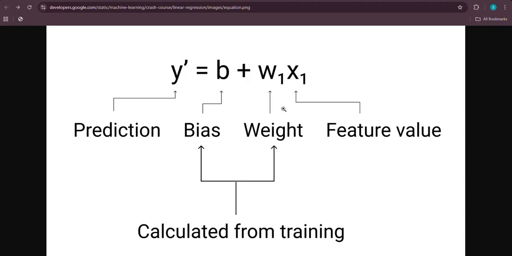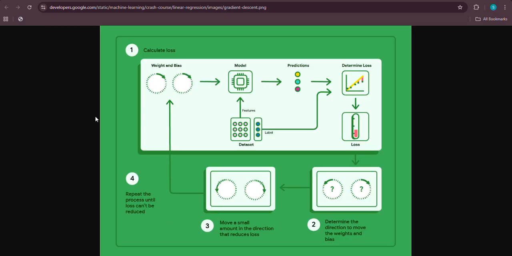To calculate this bias and weight, we will use a basic concept named gradient descent. I can show you a glimpse of that, and I will explain it in future videos. It's just an overview. First we will calculate loss using a random weight and bias.